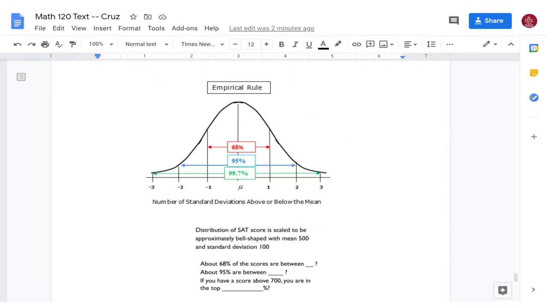What the empirical rule states is that for normally distributed data, if we go one standard deviation on either side of the mean, in other words, from here over to here, that's 68% of the data.